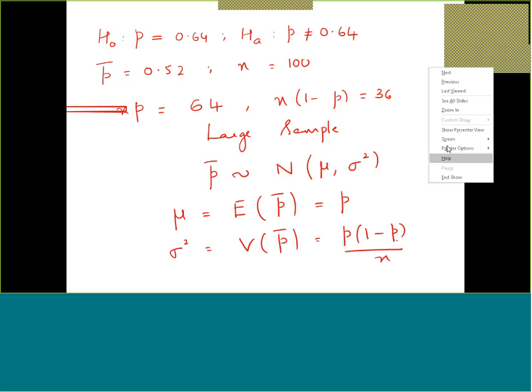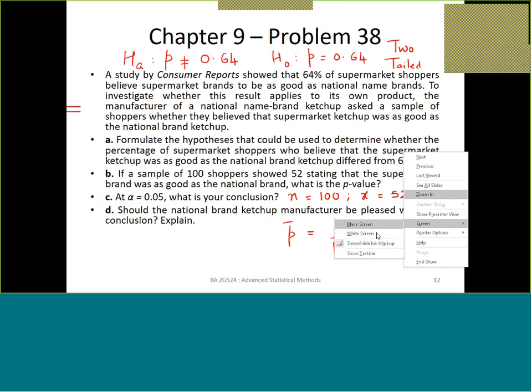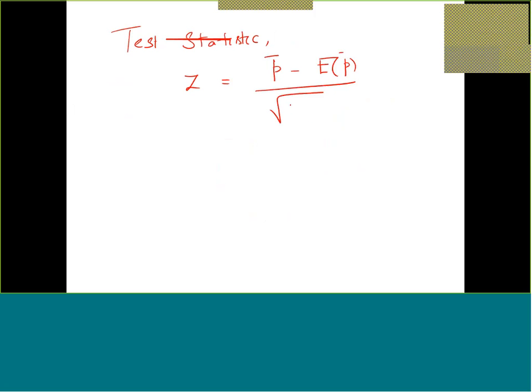Then use the test statistic. So test statistic is Z equal to P bar minus E of P bar by square root over variance of P bar.